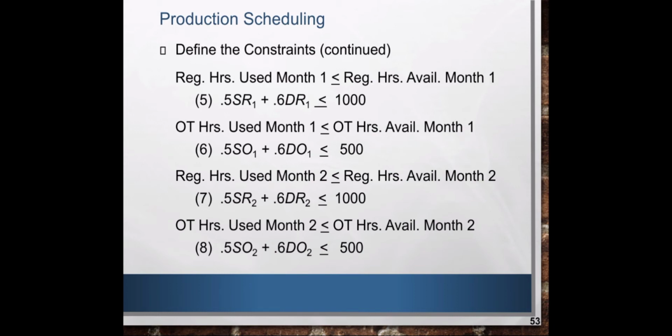And regular hours used for month 2 is less than or equal to regular hours available for month 2: 0.5 standard regular sub 2 plus 0.6 deluxe regular sub 2 is less than or equal to 1,000. And overtime hours used for month 2 is less than or equal to overtime hours available for month 2: 0.5 standard overtime plus 0.6 deluxe overtime is less than or equal to 500.